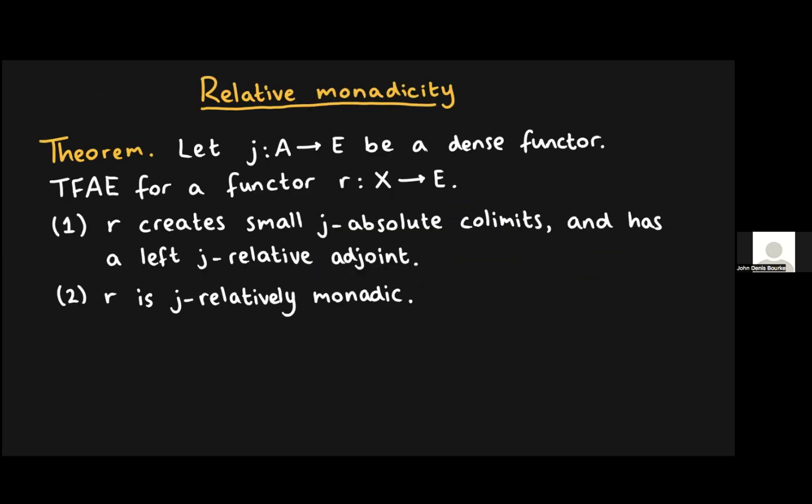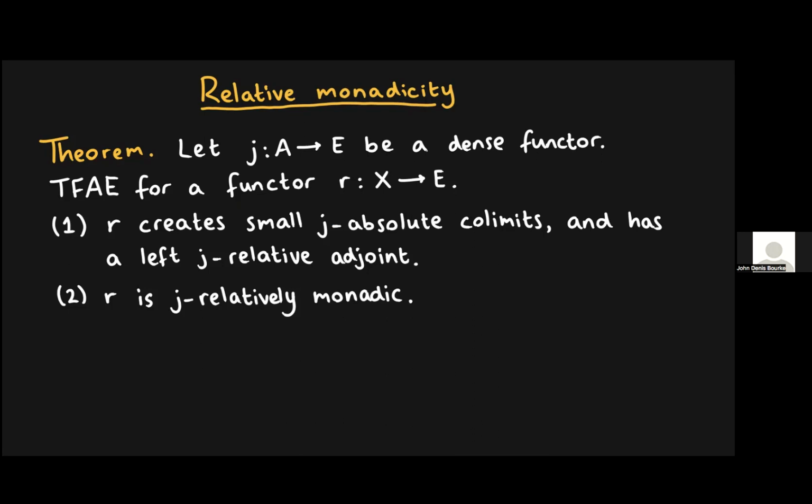To answer this question, we're going to start off with the following. We're going to generalize the monadicity theorem to relative monads. So we're going to fix a dense functor, J. Density is essential here. In this case, we have the following two conditions being equivalent.